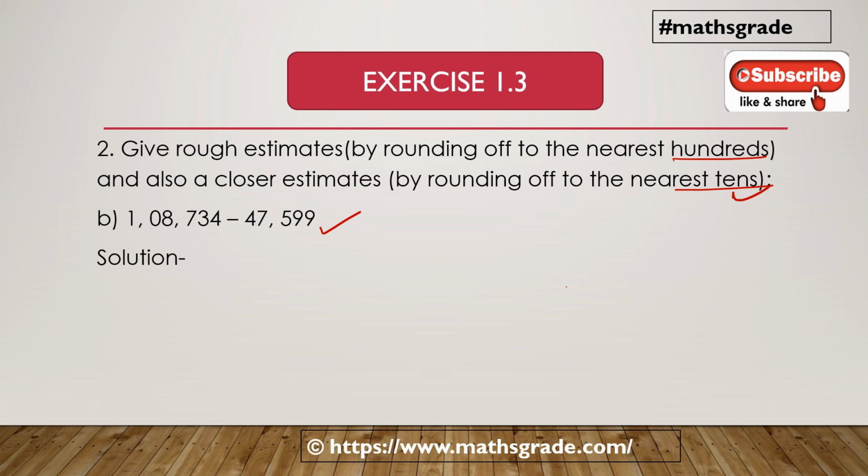Now estimating the difference of these numbers, 1,08,734 rounded off to the nearest 10, we got 1,08,730, minus 47,599 rounded off to the nearest 10, we got 47,600.